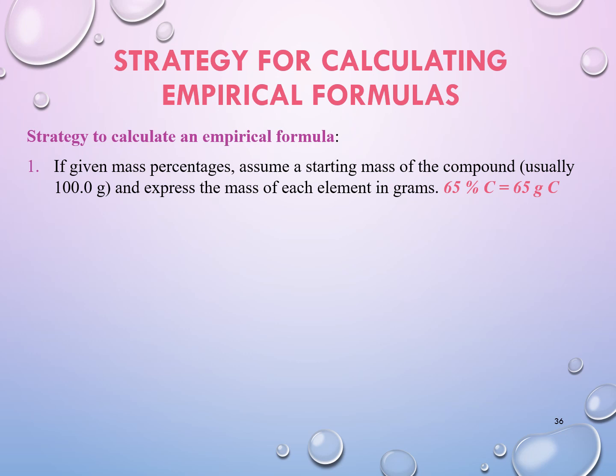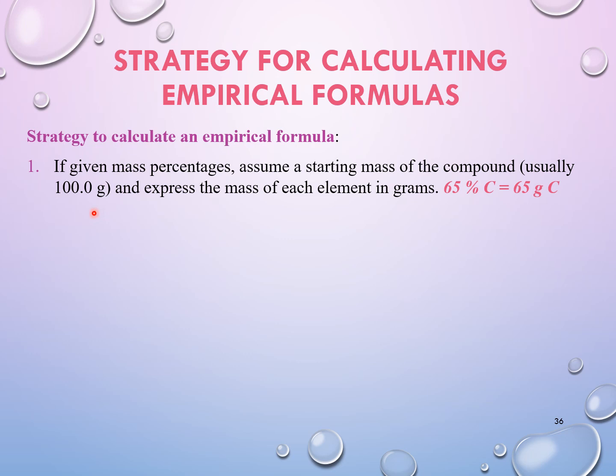Now, if we want to calculate empirical formulas, here's our general strategy. First thing you want to do is, if you are given mass percentages, we assume we have 100 grams. So mass percent doesn't depend on how much you have. So a lot of stuff or little stuff, the ratio stays the same. So we always pick a convenient number.